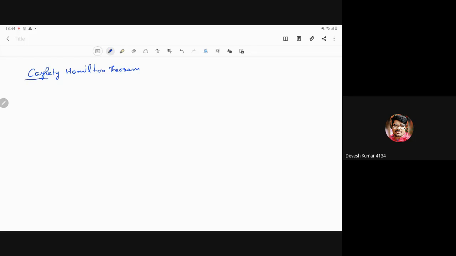It says that every square matrix satisfies its own characteristic equation. What does it mean?